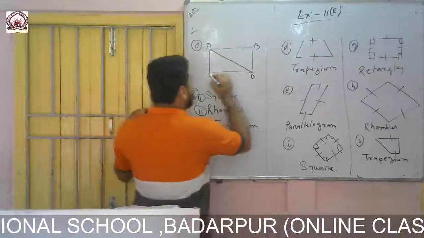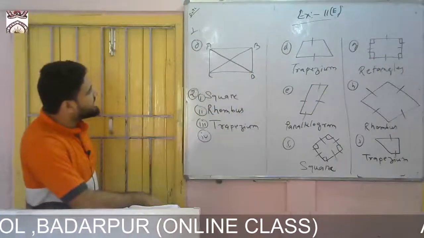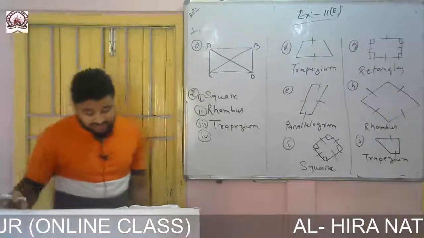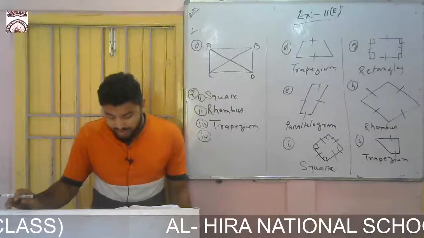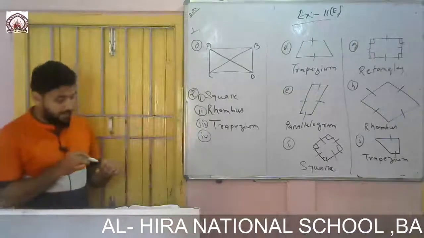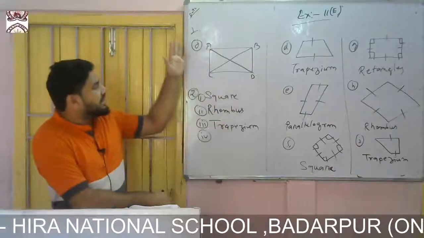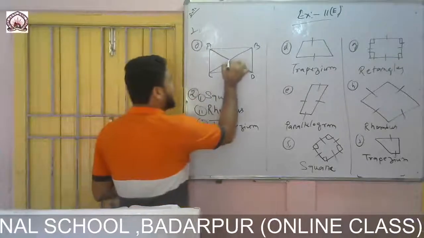I can draw another diagonal also. So BD and AC are the diagonals. Now the question is that the diagonals of this quadrilateral are equal but not perpendicular. The diagonals of a rectangle are equal, but they don't make 90 degrees.